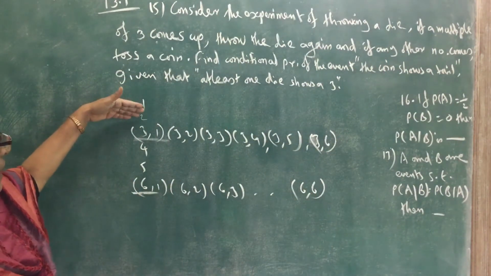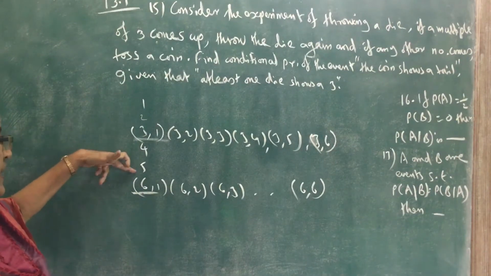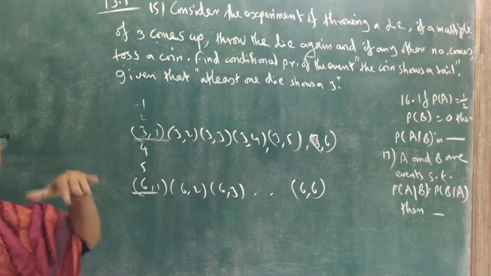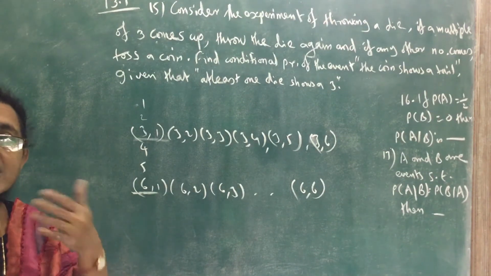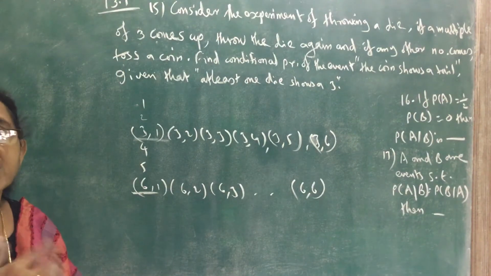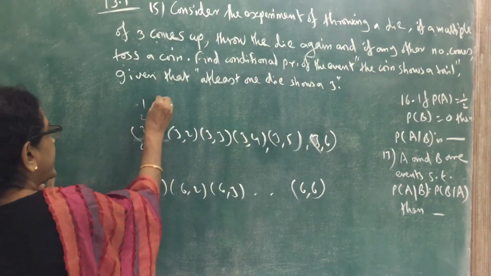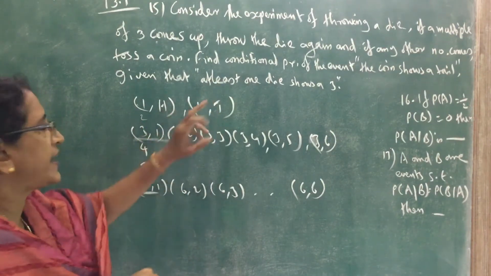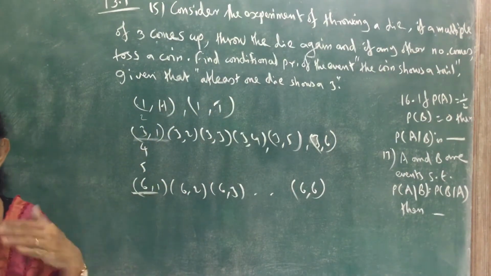Suppose you get the other numbers 1, 2, 4, 5, then you have to toss a coin. If you get 1 in the first throw of the die, you toss a coin. What you may get in the tossing of a coin is head or tail, so you will get 1H or 1T. Head or tail, these are the two possibilities when you toss a coin.